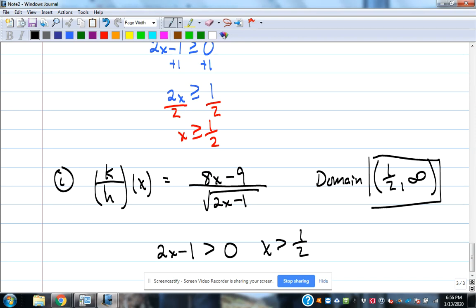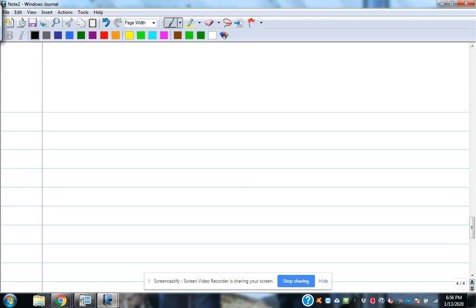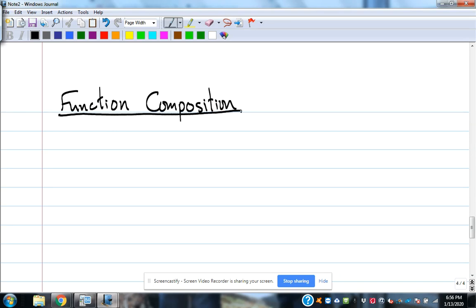All right, so last thing in this section is the composition of functions. Function composition has a little notation. It looks like the word fog, but that's just a small circle there.